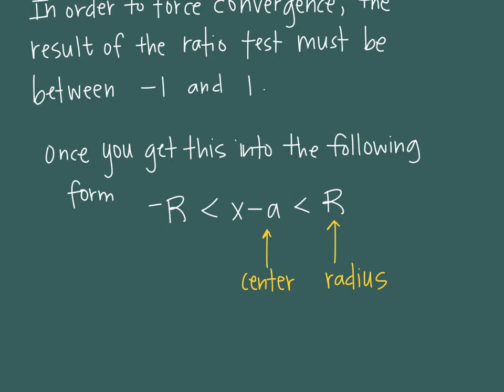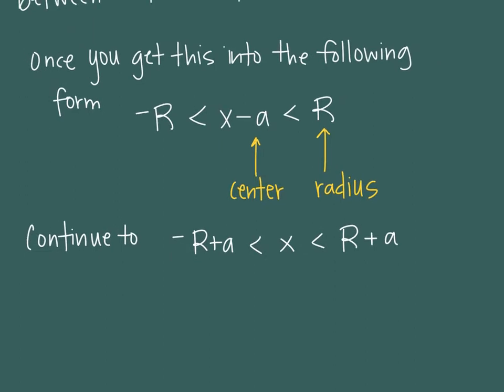Then you'll do a little bit more algebra to get x all by itself. What's the only algebra step left? Add a to everything. So to continue, you're going to have -r plus a is less than x, which is less than r plus a. And when you get to that point, this is called the interval of convergence.